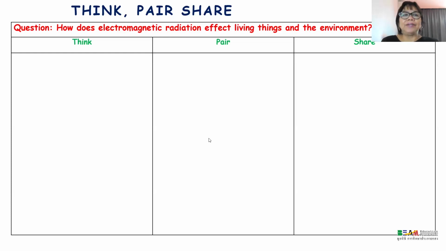So the first part, I'd like you to write your own answer for how electromagnetic radiation affects living things and the environment. I give you 2 minutes. Before I send you to the breakout room, I'm going to ask for your answer as well. So write down whatever comes to your mind. 2 minutes.